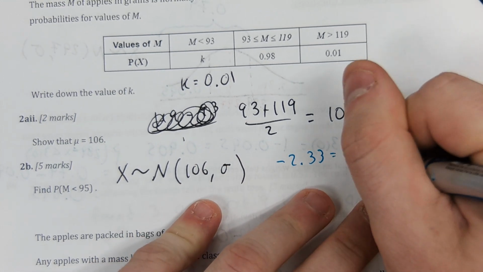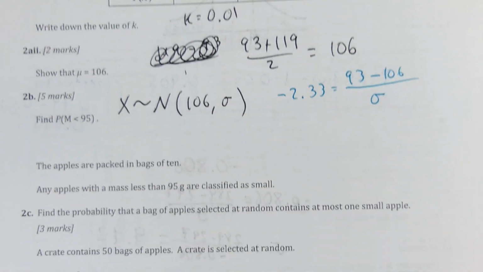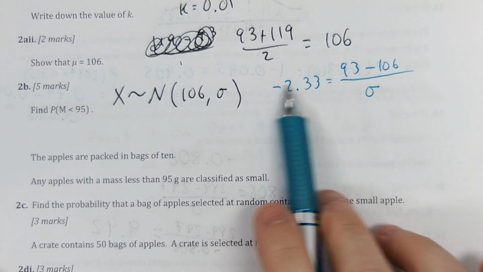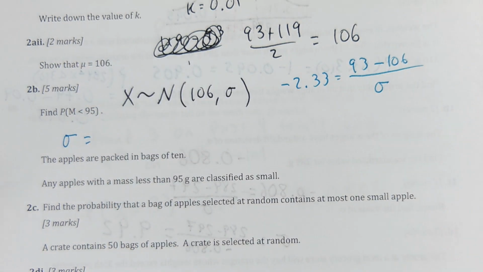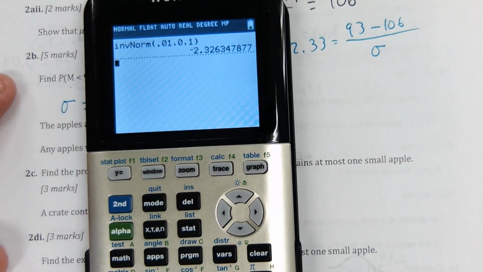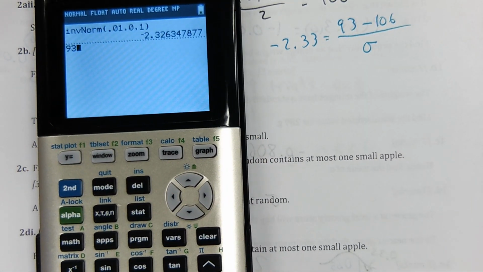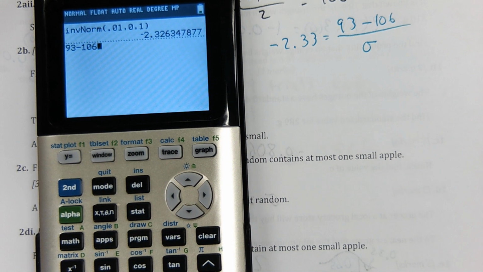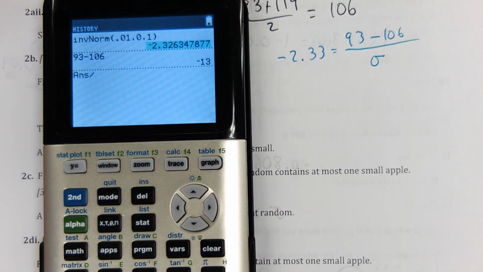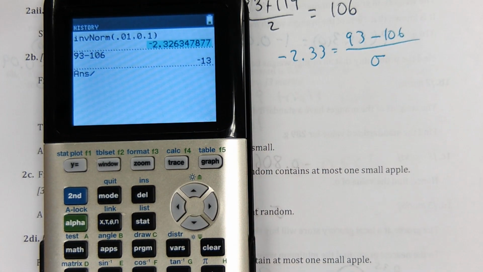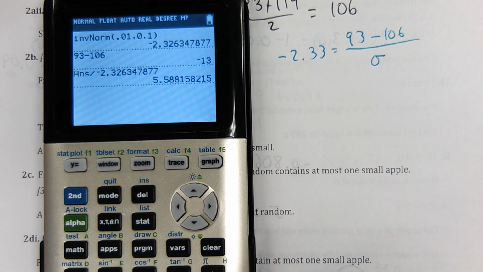That's how we're going to solve for sigma. Switch these two again. It tells us that sigma is 93 minus 106 divided by negative 2.33, because we switched the sigma and the negative 2.33, to give us 5.59 standard deviation. Good with that?